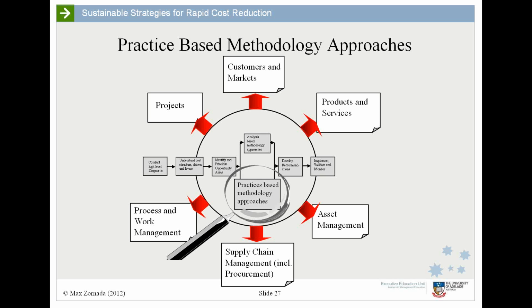But practice-based methodology approaches are often quite a bit simpler to apply, because in many of the functional areas that businesses operate, such as asset management, supply chain management, work management, project management, and I've listed them around this diagram, as customers and markets, products and services, there are known best ways to do these things that lead to the minimum cost structure possible based on what we know at the time.